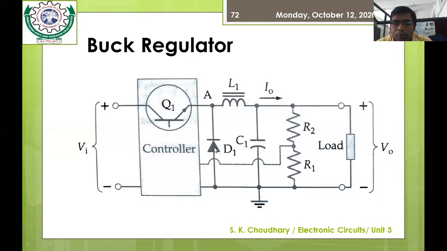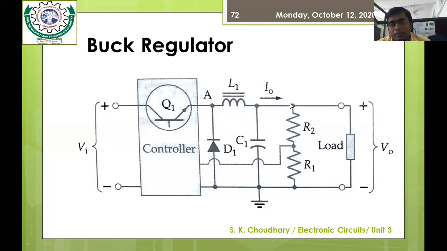At the output of the switch, as similar, there is a catch diode. There is a filter circuit, L1 and C1 shown here, an LC filter circuit. Then this is the output network, as in the switching regulator circuitry, R1 and R2, which is used for feedback to the controller circuit.